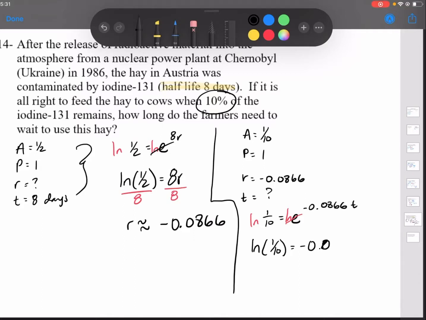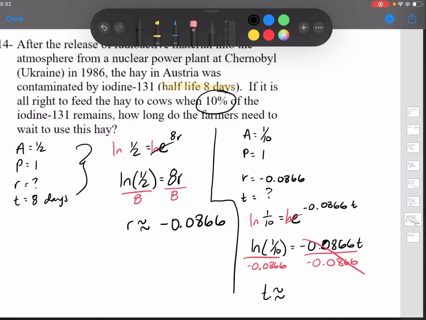Since they are inverses. And then I will go ahead and divide both sides by negative 0.0866. And we'll plug that in to get our final answer.